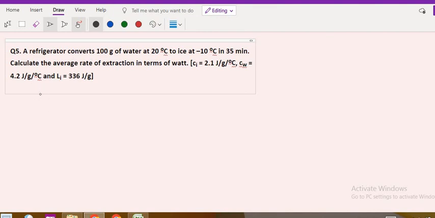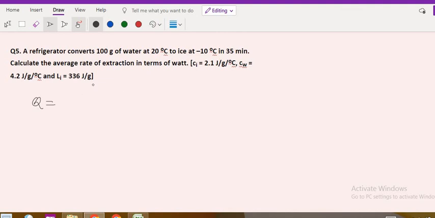If we see the steps in terms of numerical here, let's assume that the total amount of heat is Q. What will happen in the first step? Here the water at 20 degrees Celsius would be converting into water at 0 degrees Celsius.